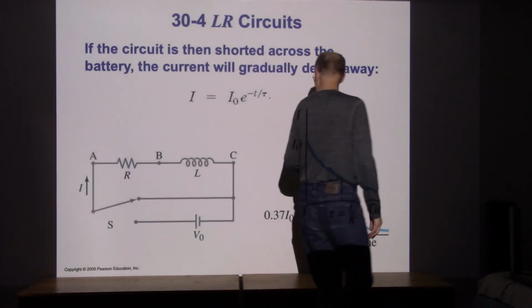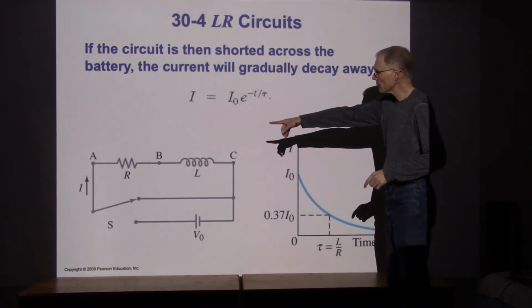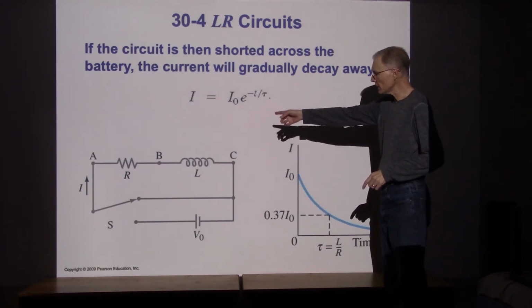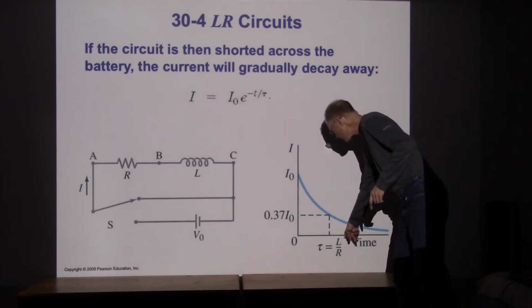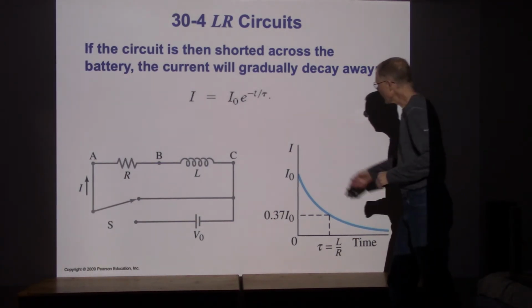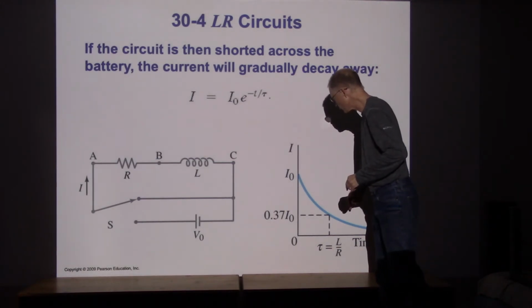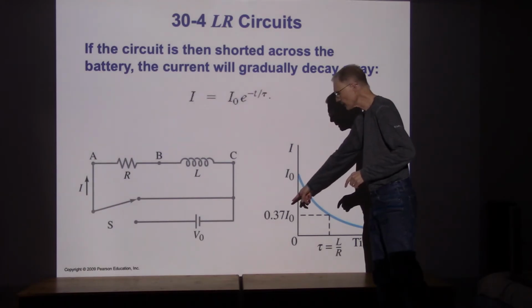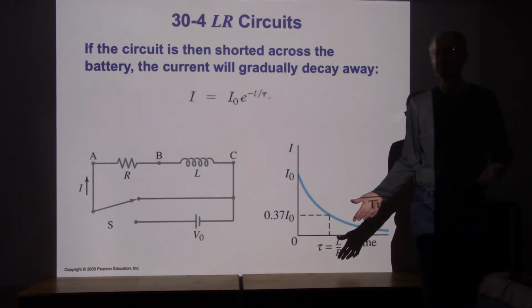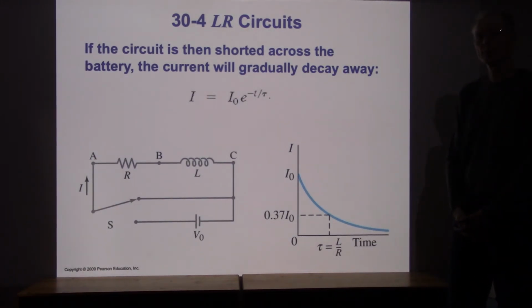Same time constant. So if we've got the same amount of resistance de-energizing as we had energizing, then the time constant is still L over R. And since it's a straight exponential drop-off, one time constant will bring us down to 37% of the original current.